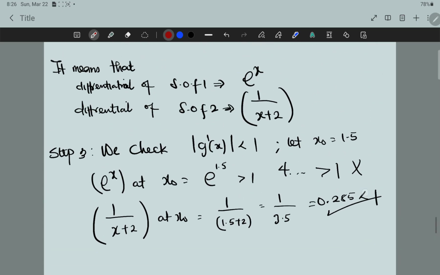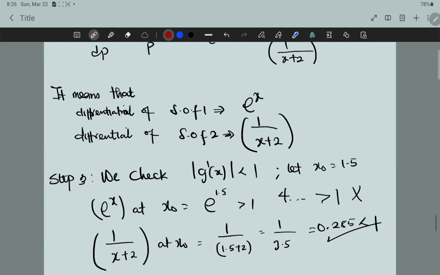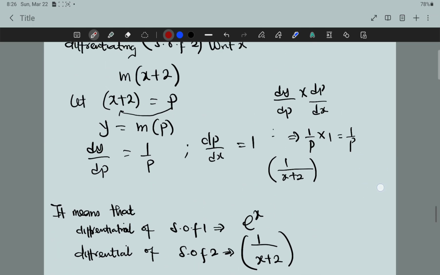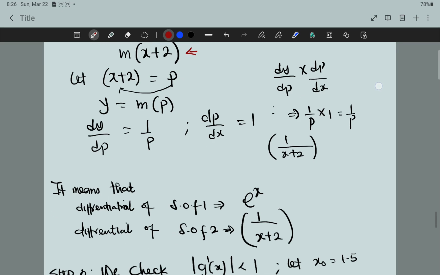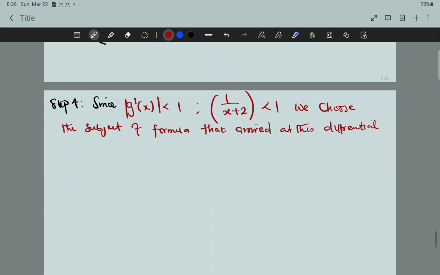What sort of formula did we differentiate to give us 1 over x plus 2? What sort of formula was that? ln x plus 2. Do you understand? So we choose the formula that arrived at that differential, which is ln x plus 2.